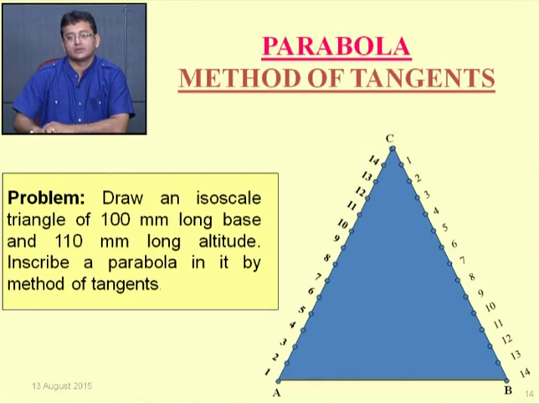So the names are given in ascending and descending order. Now join points 1 to 1, 2 to 2, 3 to 3, 4 to 4, 5 to 5, likewise up to 14 to 14.